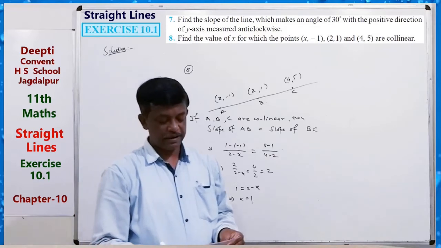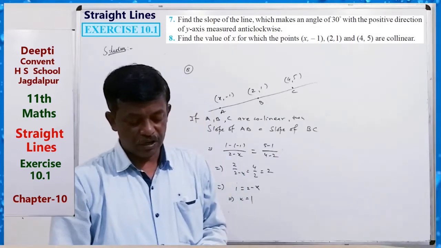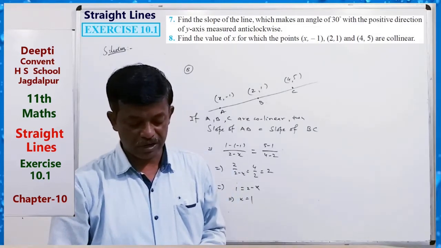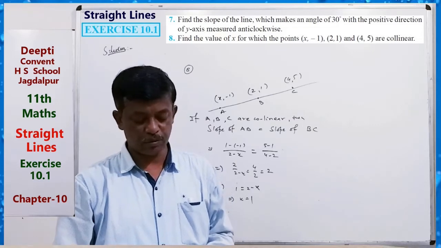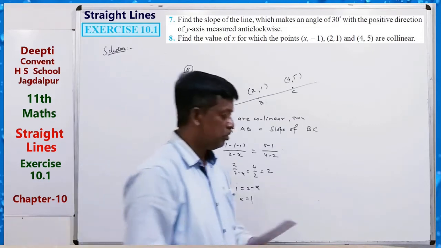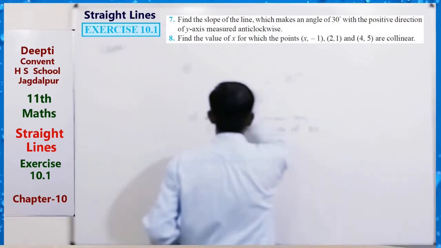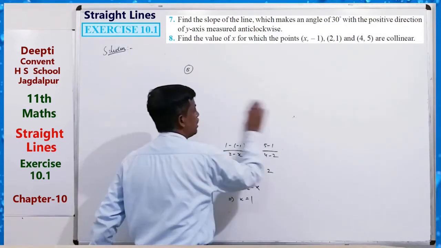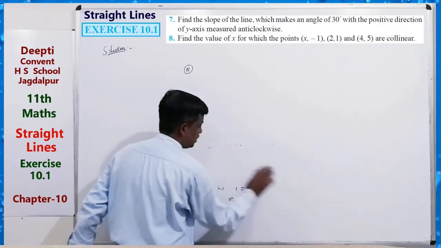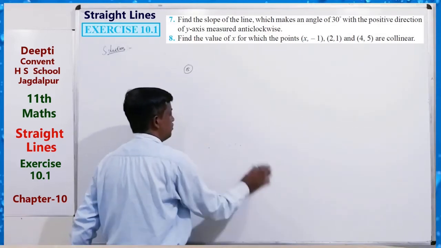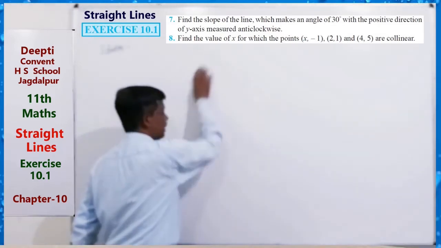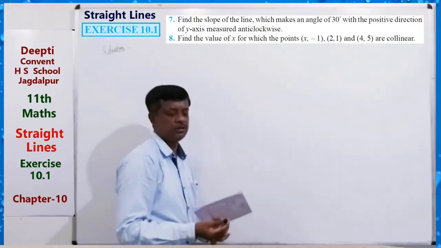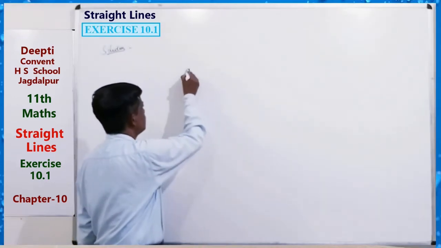Okay. Question 9: without using the distance formula, show that the 4 points are the vertices of a parallelogram. We know that in a parallelogram, opposite sides are parallel, and the slopes of parallel lines are the same.